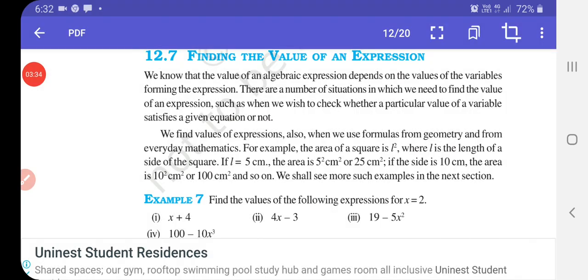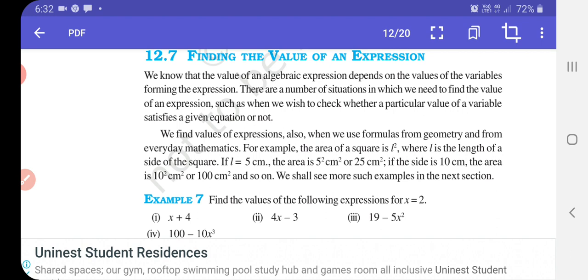Now, we know that the algebraic expression has a variable, and a variable can take any value. Okay, and it depends upon the conditions. Thus, when a variable takes a value, the expression also takes a value. Let us suppose that the cost of a book is y rupees.